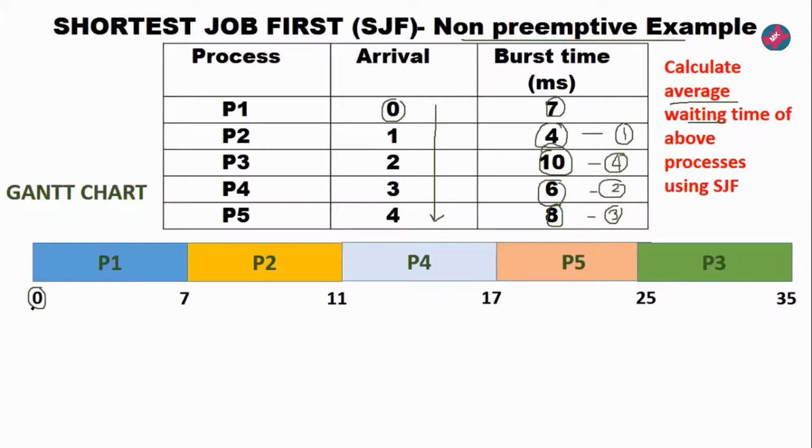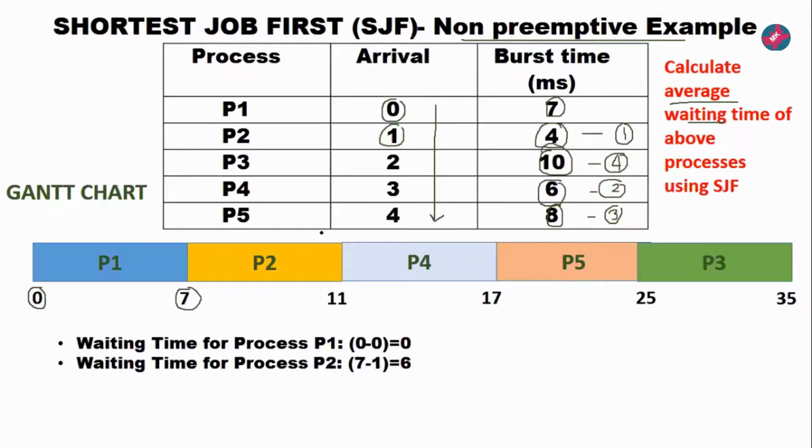So what is the waiting time for P1? 0 minus 0, that is 0. Now observe P2. It entered the system at 1 millisecond. When did it get the CPU? At 7. So 7 minus 1, 6.